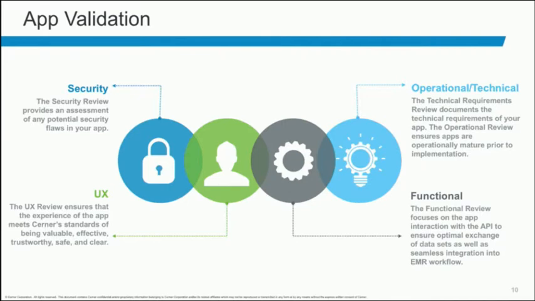And then we do a functional review, especially with the specifics of the API, making sure that you're not making calls that are too costly and don't make sense for your workflow. For example, you're not asking for every single observation, even though you only care about height. That would take a very long time for your application to do, and probably is not something you would want to wait on. And then also, we look at the way you use the API given the workflow and make sure it makes sense.